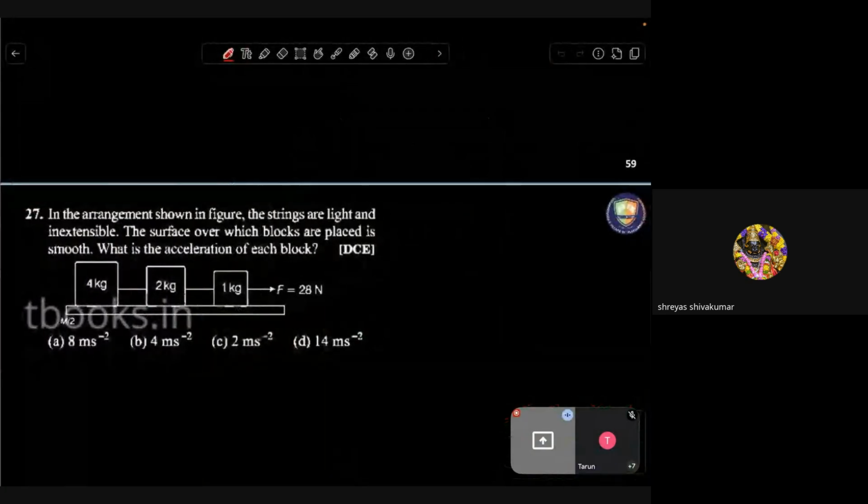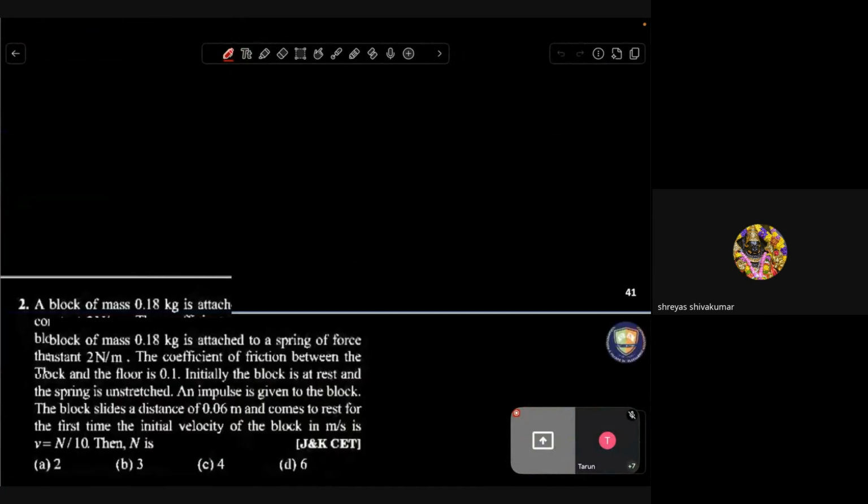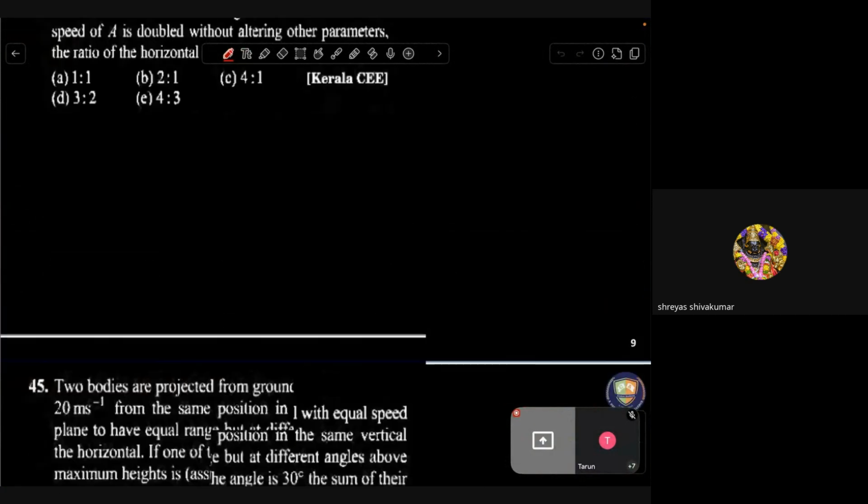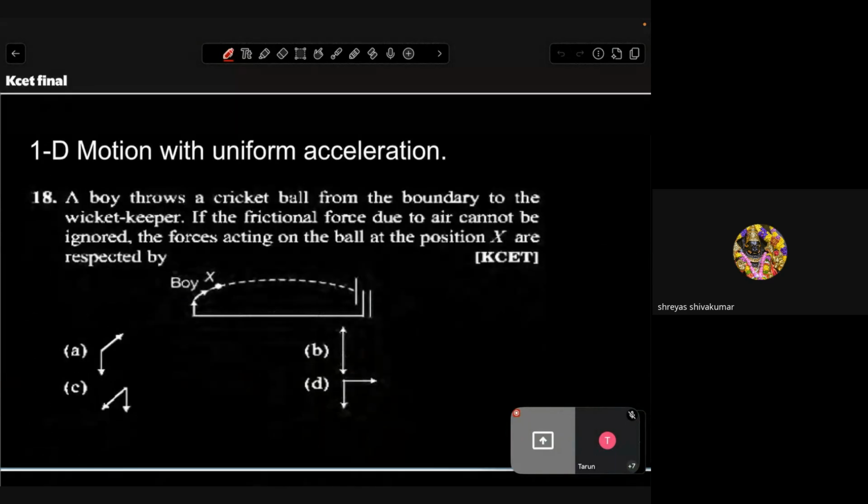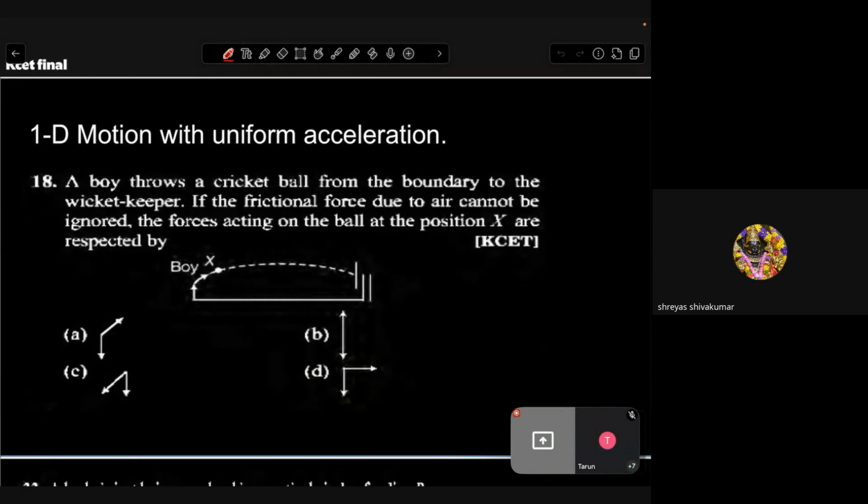Okay, so you all can see the screen? Yes. Okay.